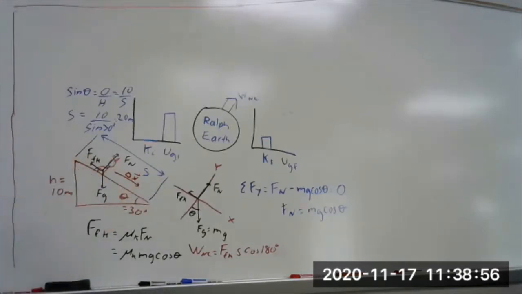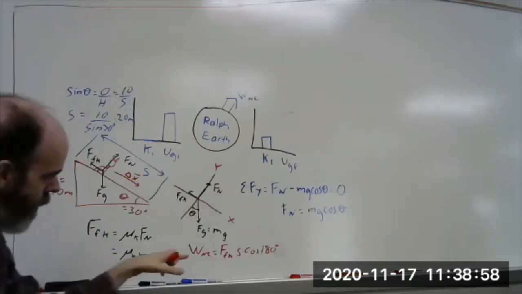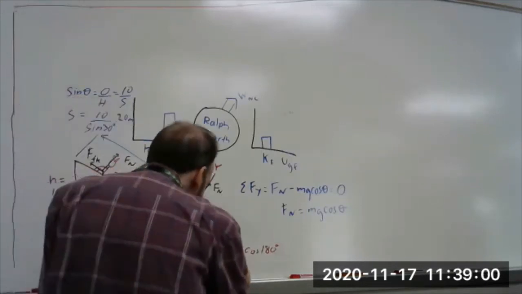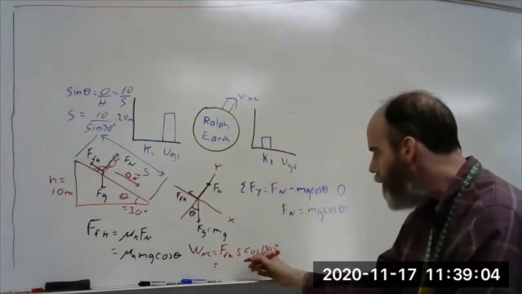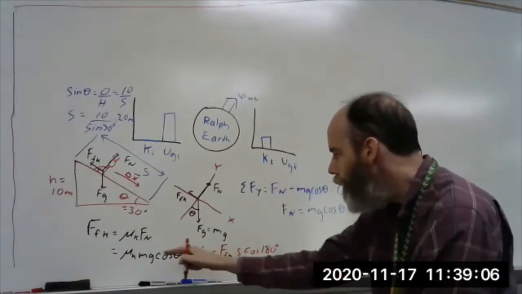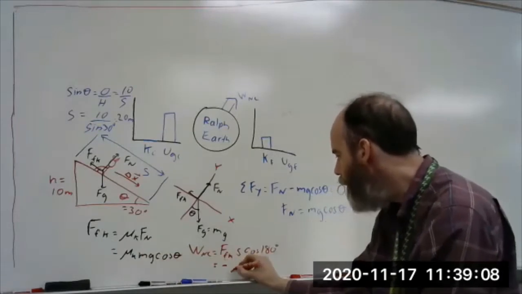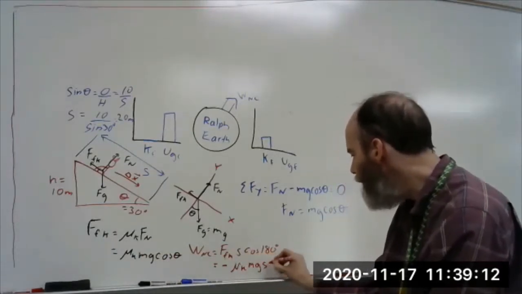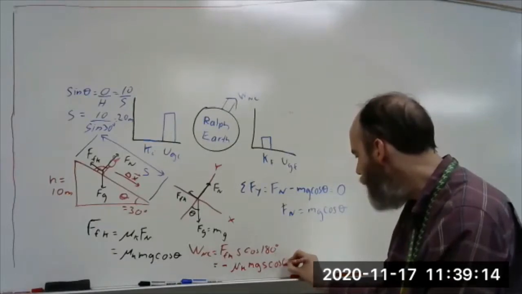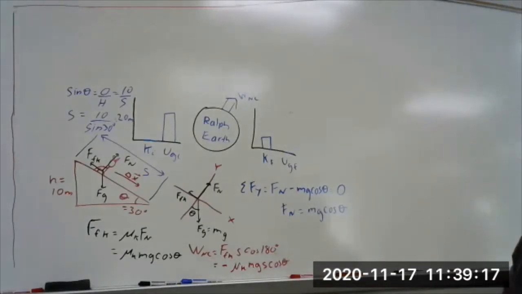So 180 degrees between those two angles. So this is negative, this is -1. So it's just going to be negative. Put in the force of friction. Mu k mg S cos theta. So that's the work non-conservative. That's probably the hardest part of the problem.